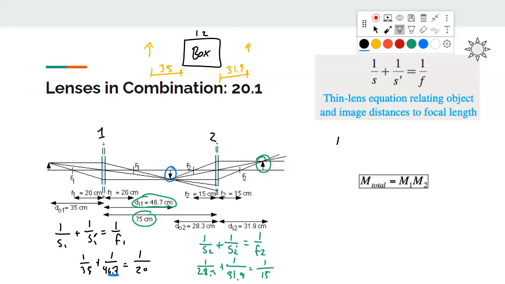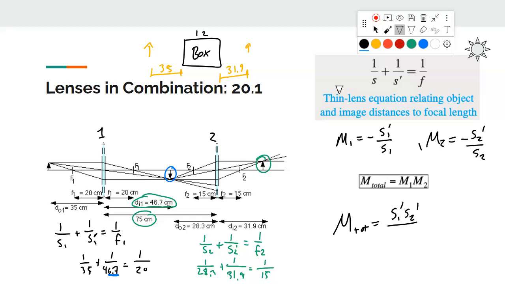So remember that the magnification from lens 1 is just going to be negative S1 prime over S1. The magnification from lens 2 is going to be negative S2 prime over S2. And so the total magnification is just S1 prime S2 prime over S1 S2.